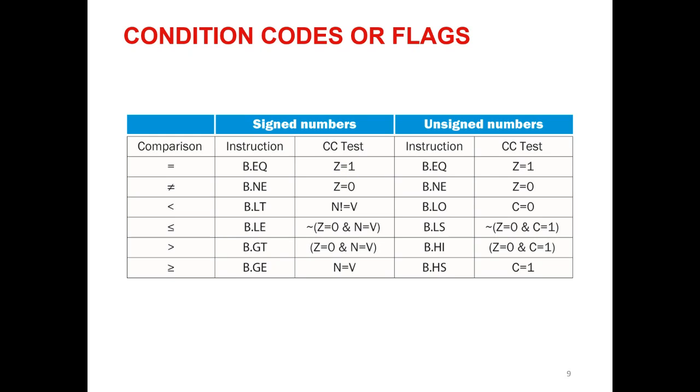Similarly, how do we know if two values are not equal, are different, which is what we are expressing here? If the set condition code, if the set flag is not set, this means that the comparison I just did, the numbers or the registers were not the same.